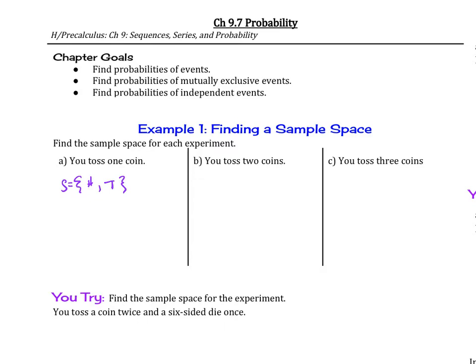Now, if we toss two coins, our possibilities are you could get a head and a head, a head and a tail, a tail and a head, or you can get two tails. So that is our sample space.